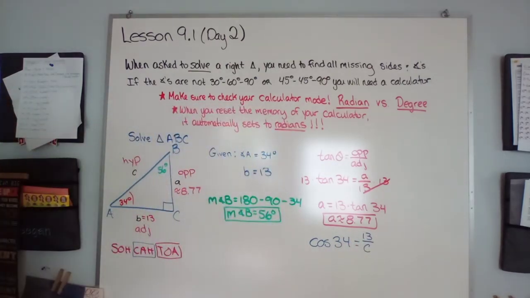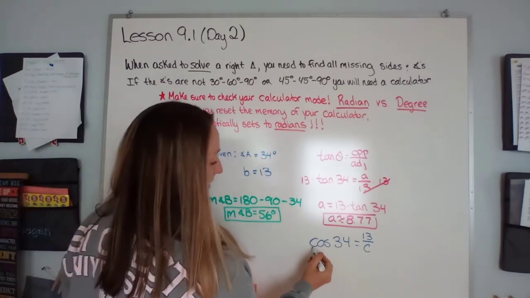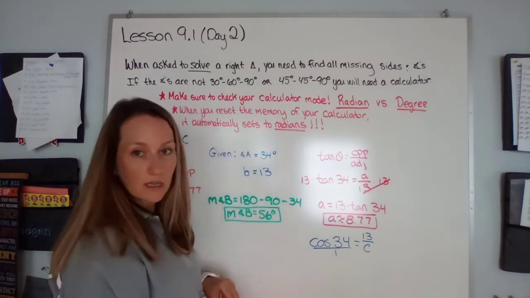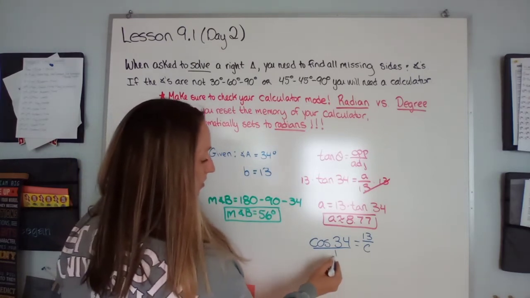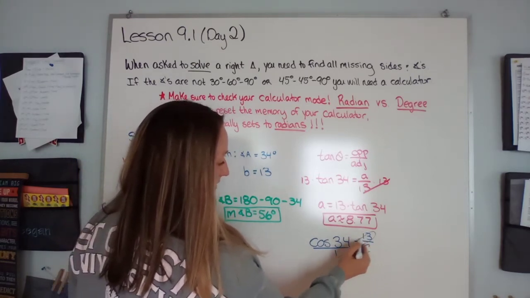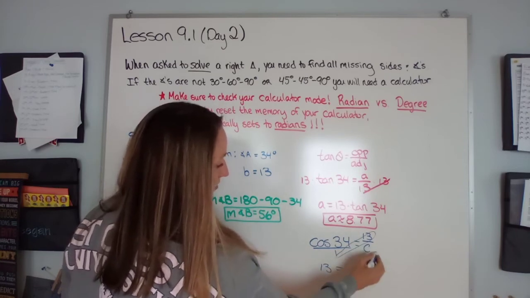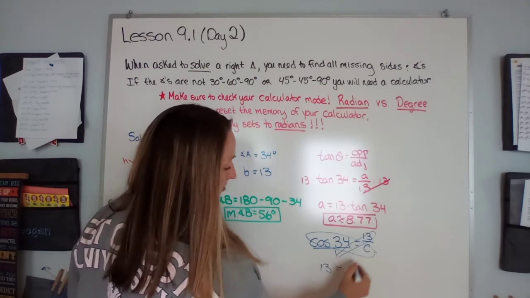Okay. The first thing you're going to want to do is get C out of the denominator so you can multiply both sides by C. Or if you want to look at this as a proportion, put this over 1 and then do cross product. Sometimes students like to look at it that way more. So cross products, you're going to multiply the 1 and the 13 together. That'll give you 13. And set that equal to C times cosine 34.